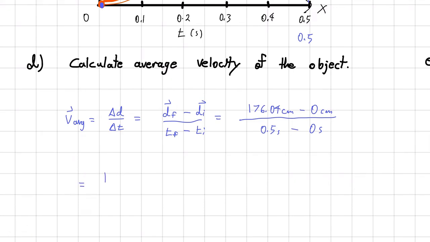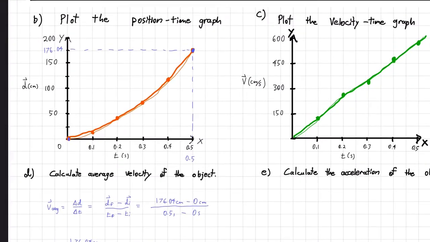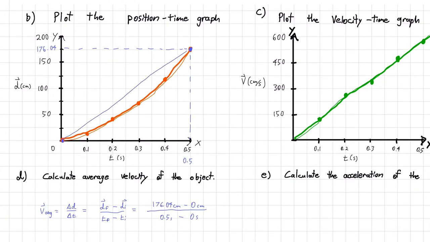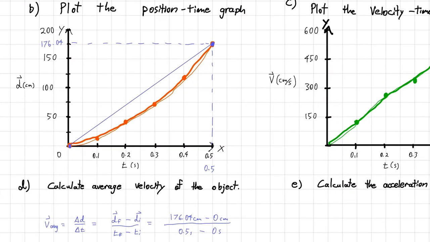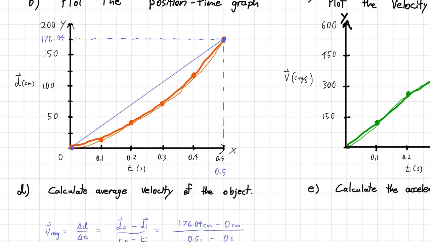Simplifies because the zeros don't mean anything. If we type that into our calculator, we will get an answer of 352.08 meters per second. That is our average velocity, which is, in case you're wondering, it will be the slope of this line.